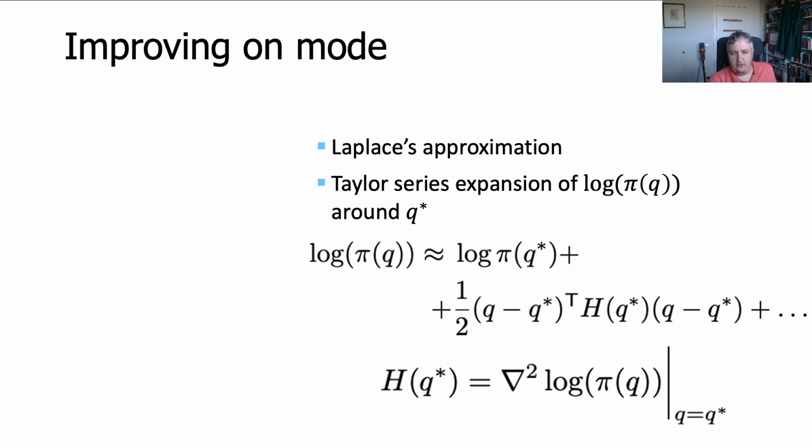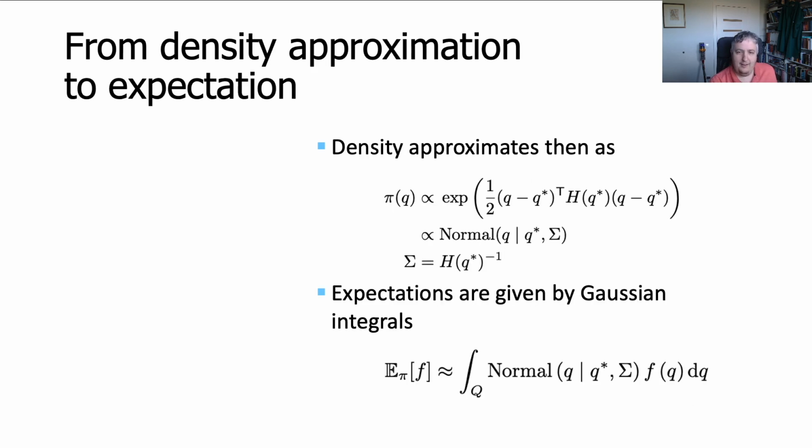And why is this in any way beneficial? Because after exponentiating it, we create an approximation of the density, which is actually a normal distribution, with the mean at the mode and the covariance matrix equal to the inverse of the Hessian matrix at the maximum.